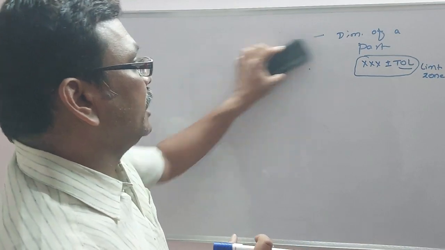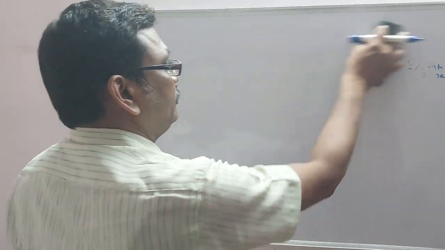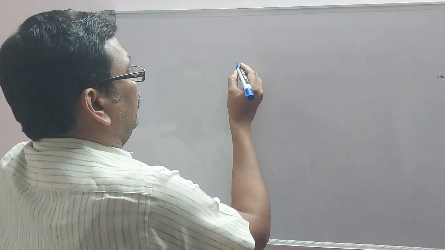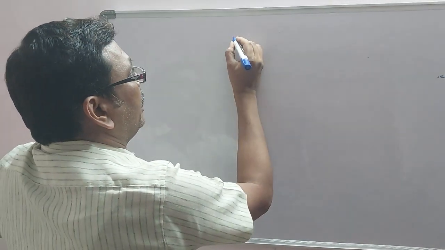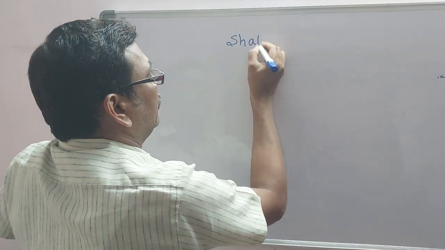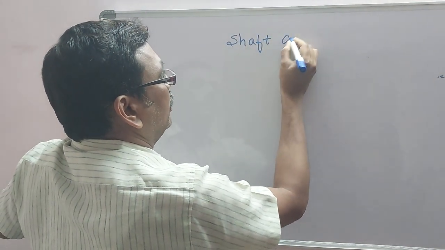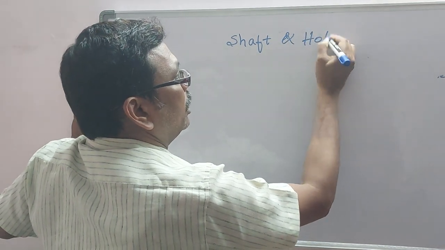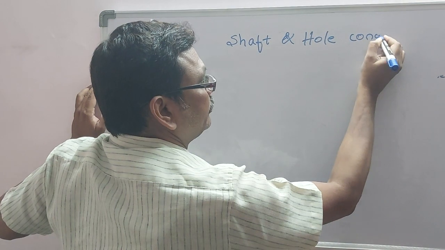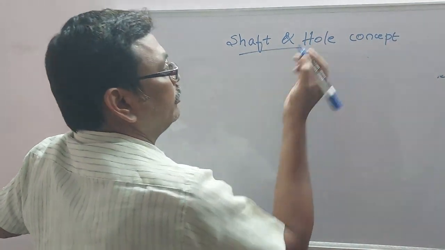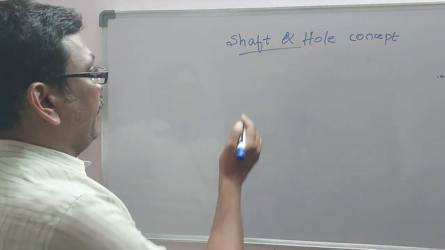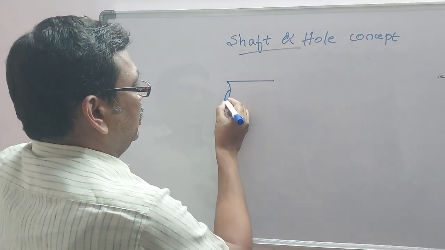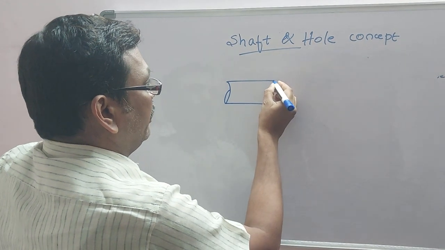Just we will see a small example of it. So we will take a shaft and a hole concept. Okay. Assume that the shaft is like this.